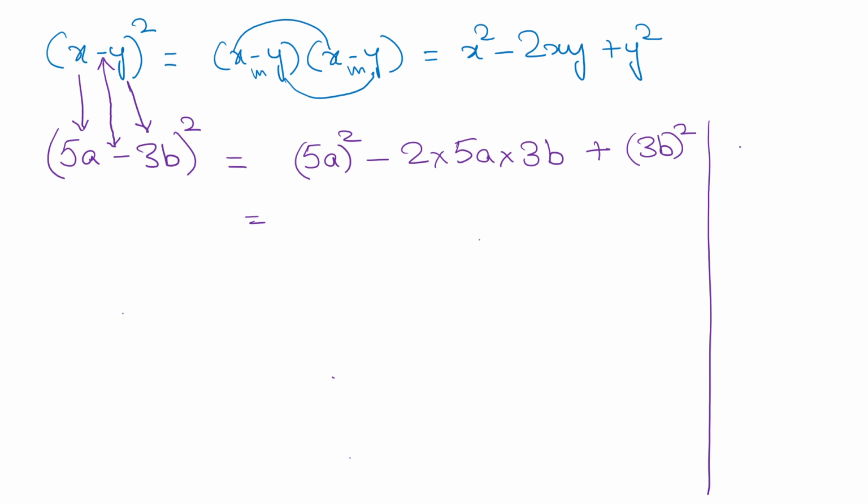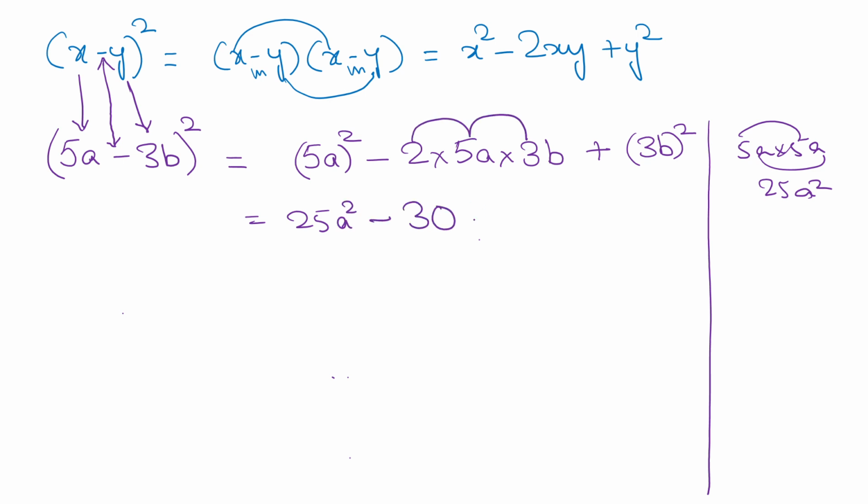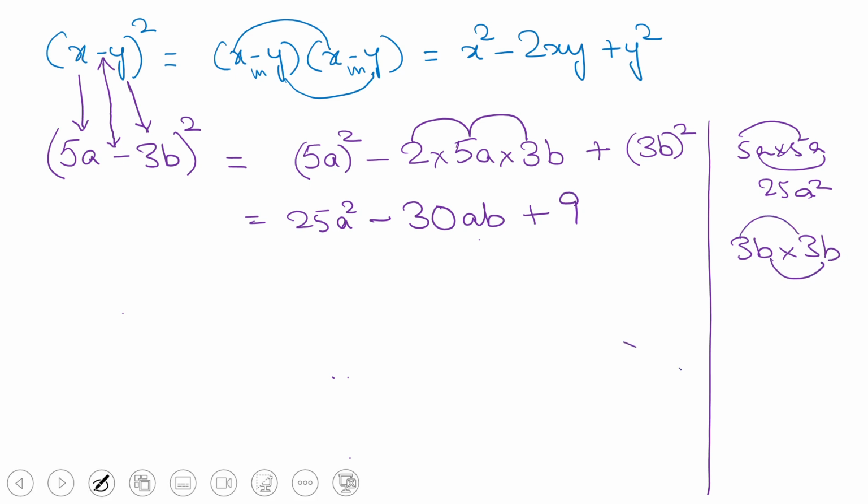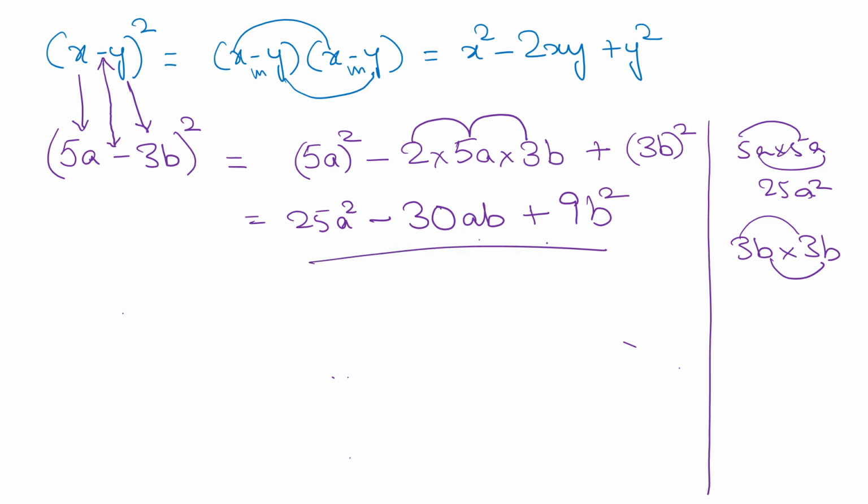Now I will do it on the right hand side. So 5a times 5a, 5 5s are 25, a times a is a². So it is 25a² − 2 5s are 10, 10 3s are 30, 30ab, plus (3b)². Multiply in rough, don't do it directly, you will get confused. So 3 3s are 9, b times b is b².